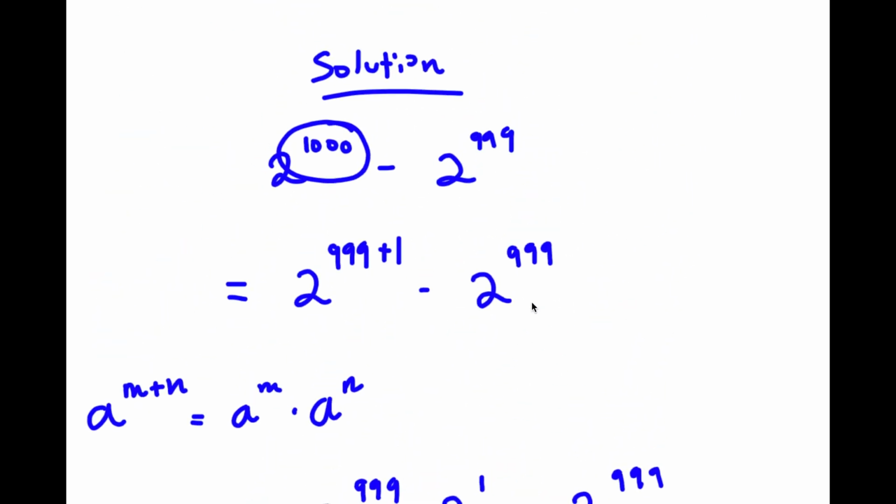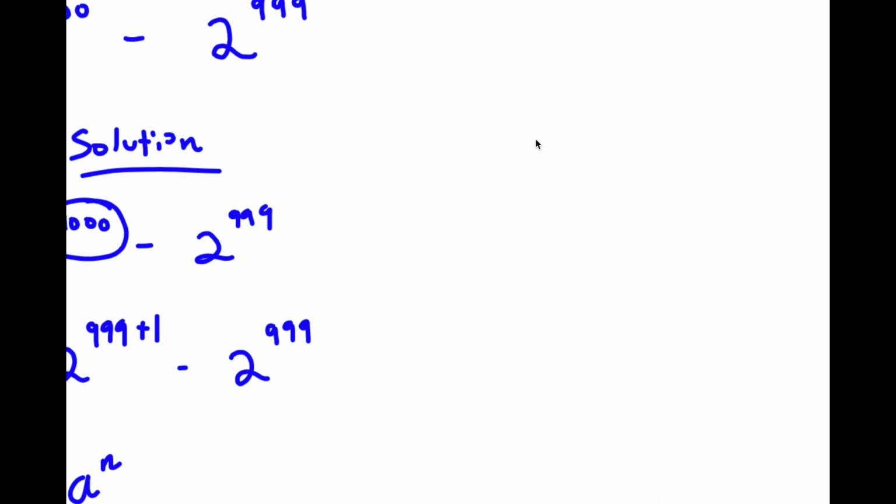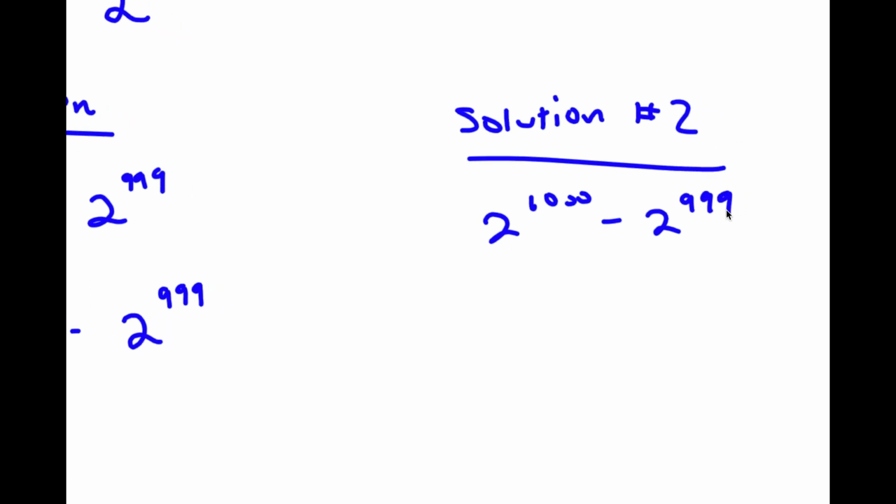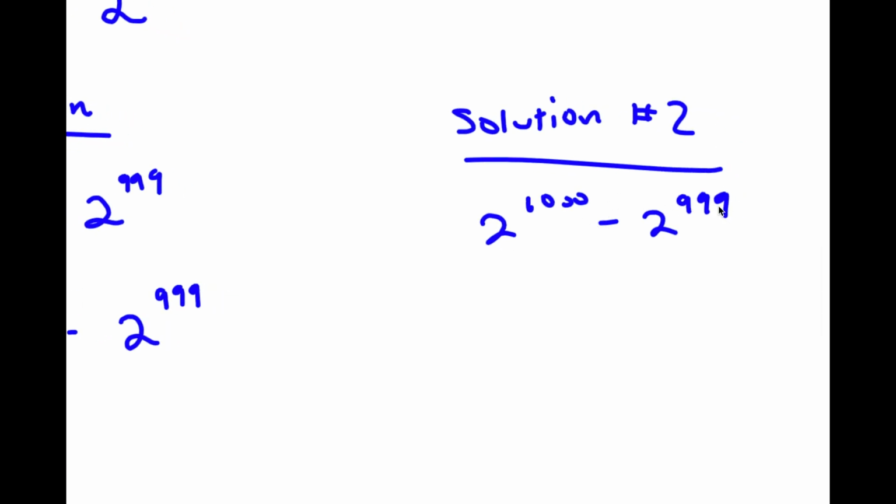Now, another way of doing this, so I first start with 2 to the power of 1,000 minus 2 to the power of 999. Now this time, I'm going to rewrite 999 as 1,000 minus 1.